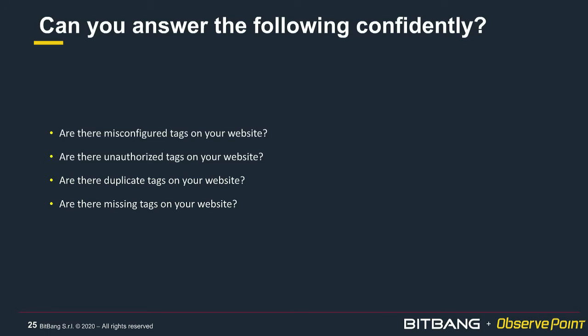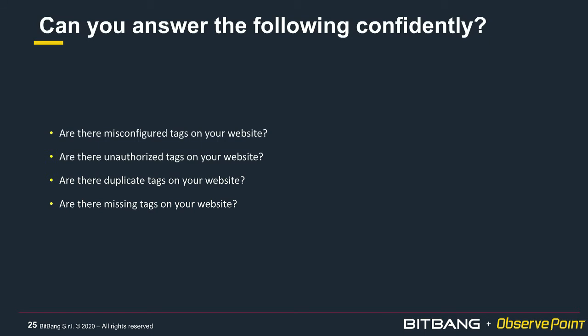Okay. So I guess the question is, do you need tag governance, or where are you on your tag governance scale? So if you can answer these questions confidently: are there misconfigured tags on your website? This refers back to Gabriele's presentation earlier. Misconfigured tags are tags which are present, but is the data inside them perfect?